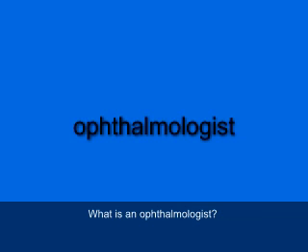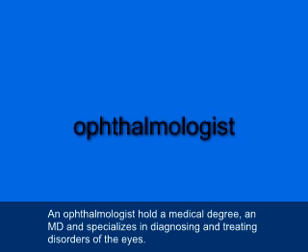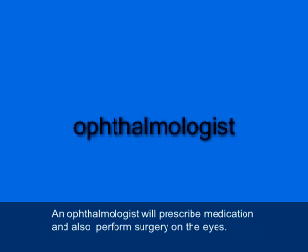What is an ophthalmologist? Well, an ophthalmologist holds a medical degree, an MD, and specializes in diagnosing and treating disorders of the eyes. An ophthalmologist will prescribe medication and also perform surgery on the eyes.